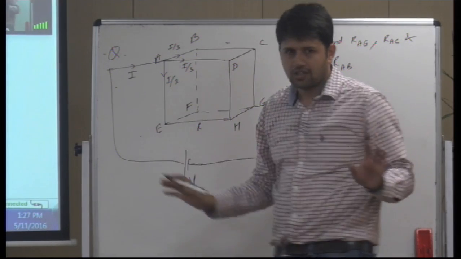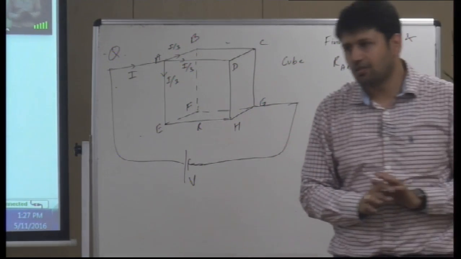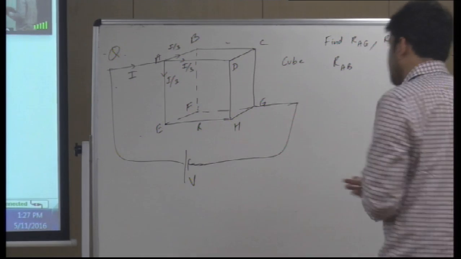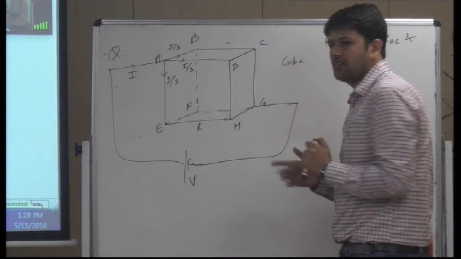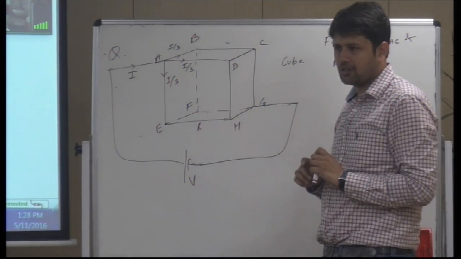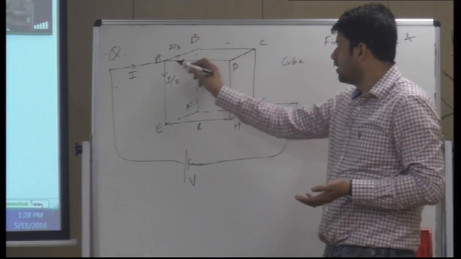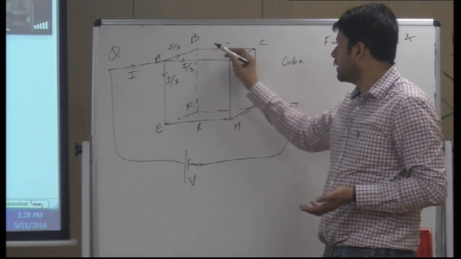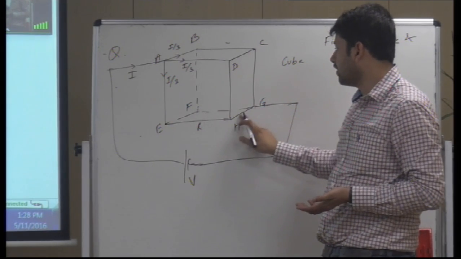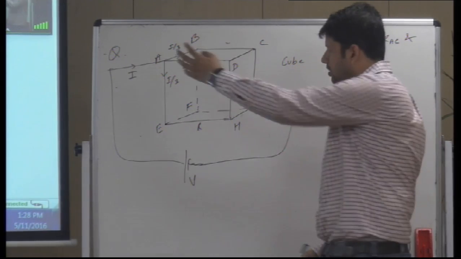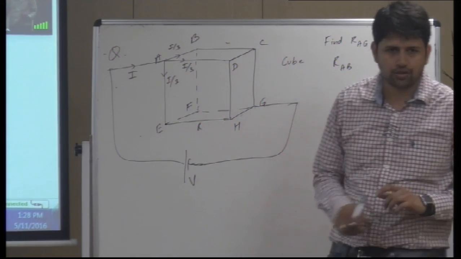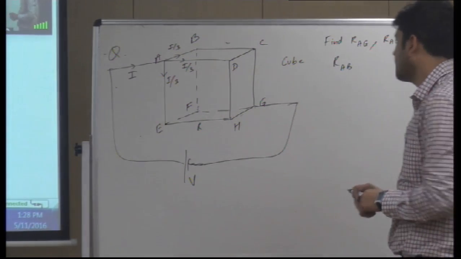Now this can be understood. This much symmetry exists, that every side would carry the same current because all paths are equally good for the current to flow. You can take this path, you can take this path. Every time you have to cover 3 sides to cross the cube. Is it okay? You have to cover 3 sides to cross the cube.